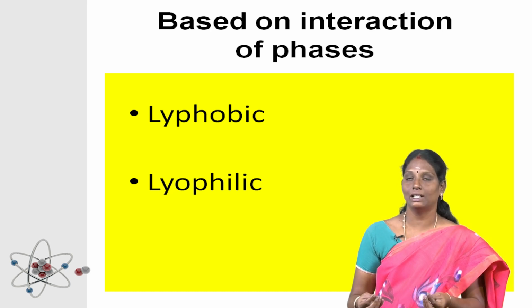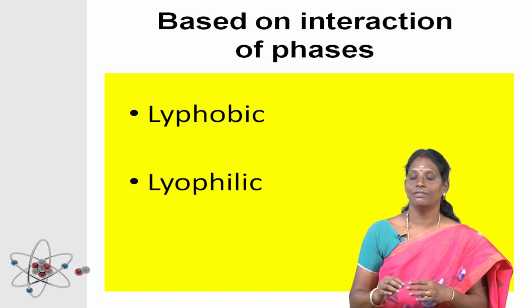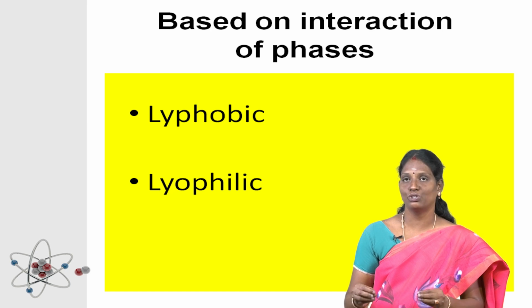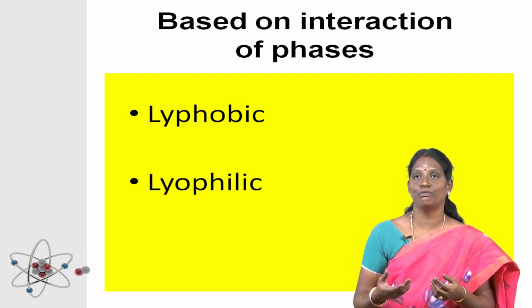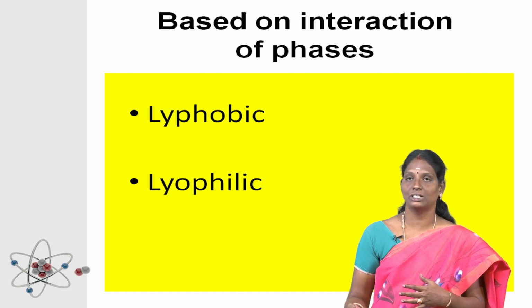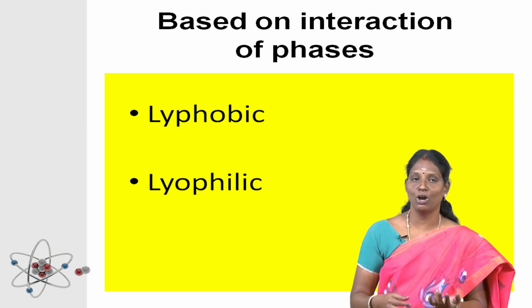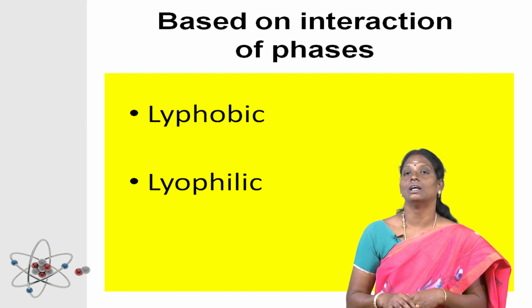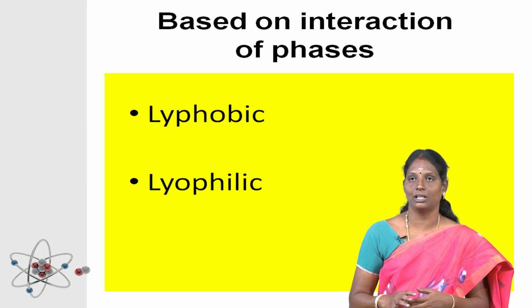Substances like metals and their sulfides, when simply mixed with the dispersion medium, give lyophobic colloids. These are readily precipitated on the addition of a small amount of electrolytes, by heating or by shaking.